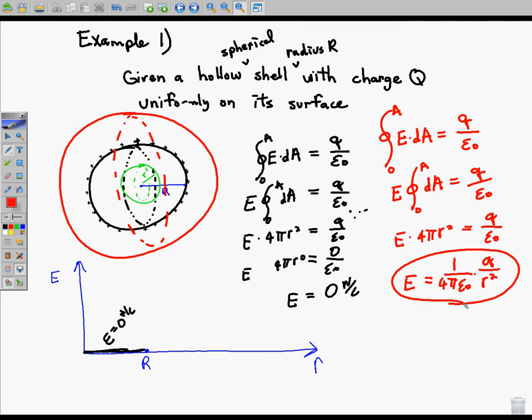And right here at R, it's positive, the value is 1 over 4 pi epsilon 0 times Q over R squared. Right here at this point, it's big R.